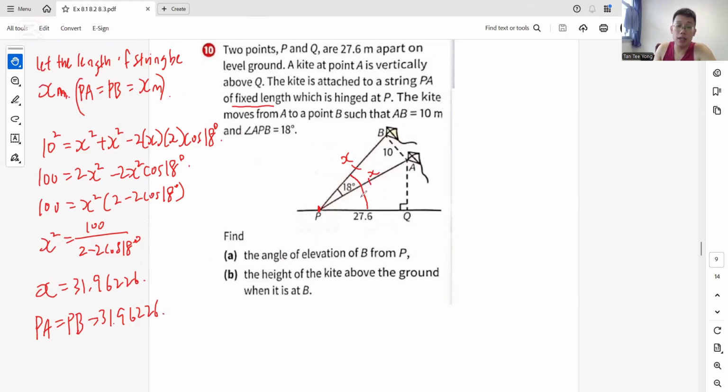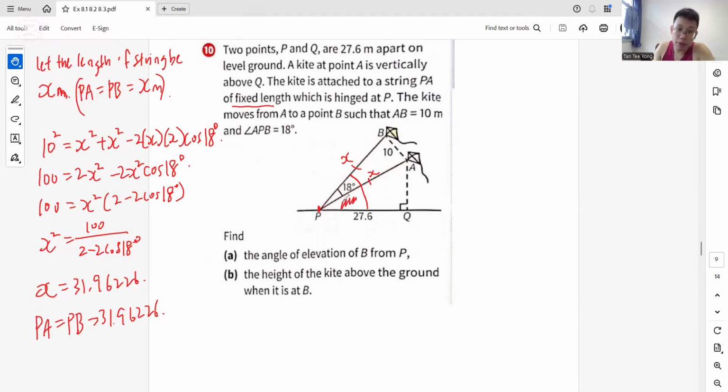So the angle of elevation is this part here. We know one part is 18, so we just have to find angle APQ. We can find angle APQ by looking at triangle PAQ. Because it's a right-angled triangle, we are going to use SOH-CAH-TOA.